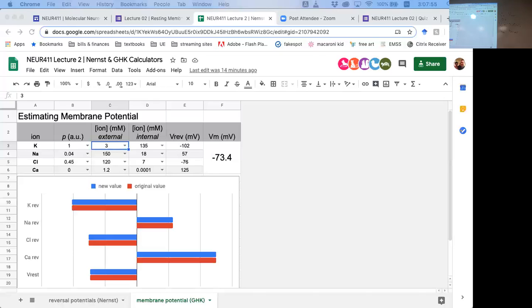The internal concentration of chloride was much different in your young neurons. They didn't have AMPA receptors way back when. They were naive. They had to activate their synapses, and in order to do that, they needed GABA. And GABA was excitatory because this value was not so low.